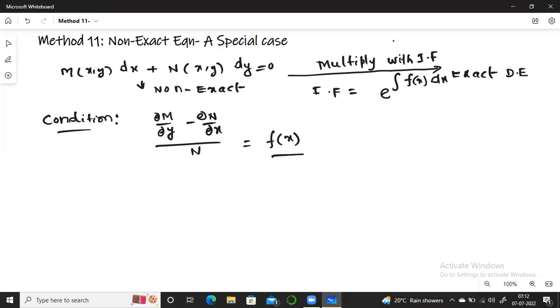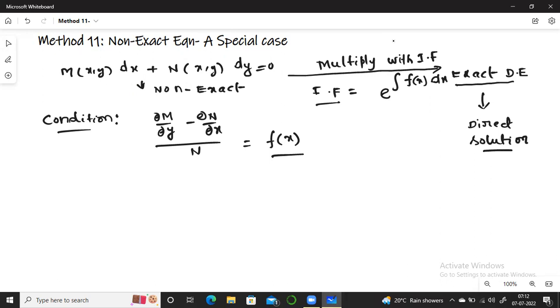The integration of f(x) you can calculate, and e to the power that integration is called the integrating factor. If you multiply with this integrating factor, your non-exact equation will be converted into an exact differential equation. Once it is exact, you know how to solve it; a direct solution is available, and you know the formula from the previous videos.